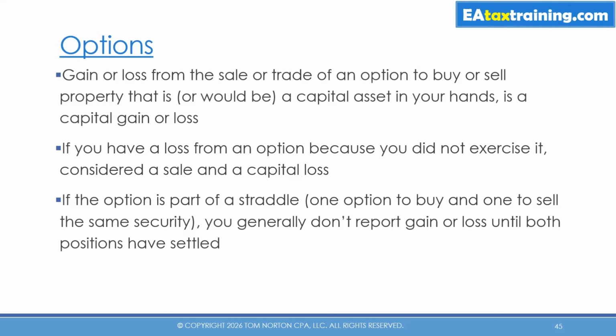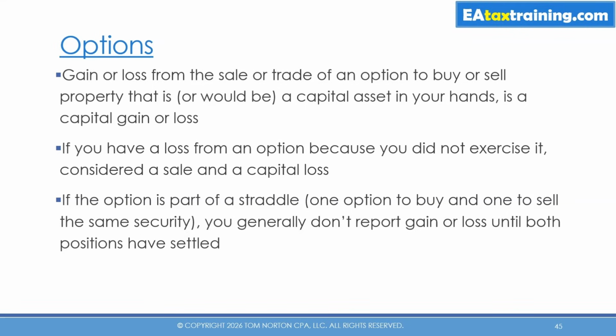So you were thinking that 3 months from now, that stock is going to be worth more than $21. So I'm going to buy an option to buy it for $21. So if it's worth, let's say, $25 3 months from now, then I can buy the stock at $21, sell it for $25, and I'll make a nice little profit.